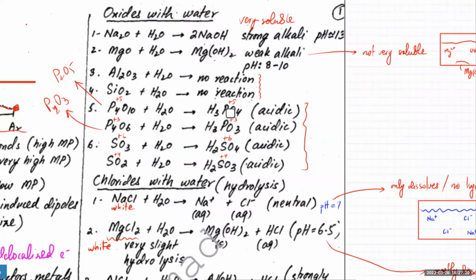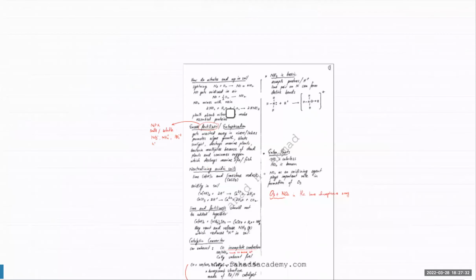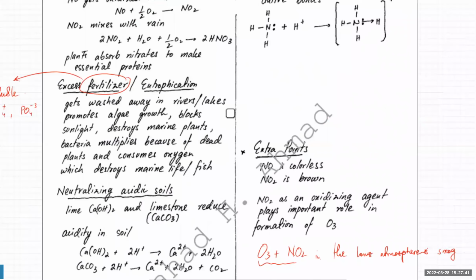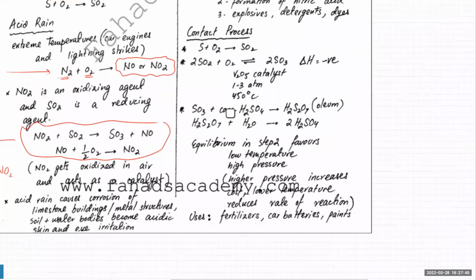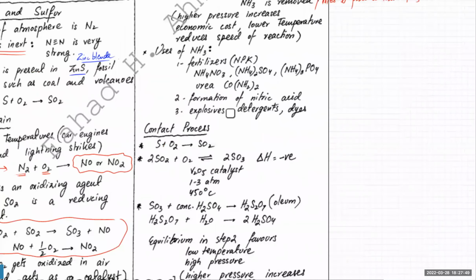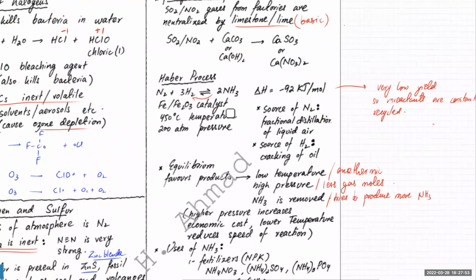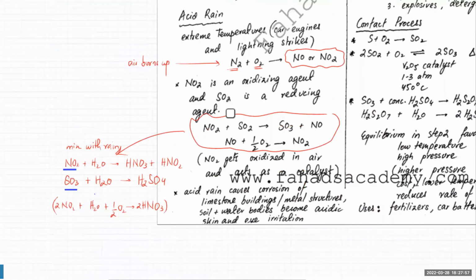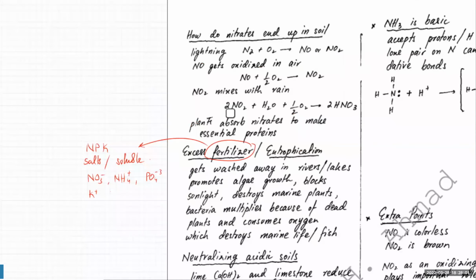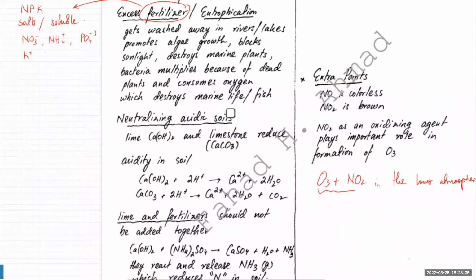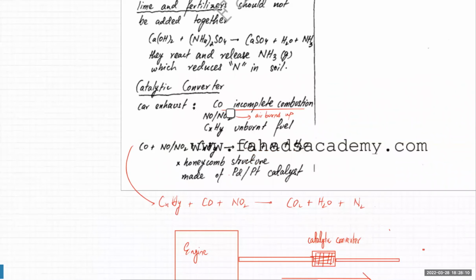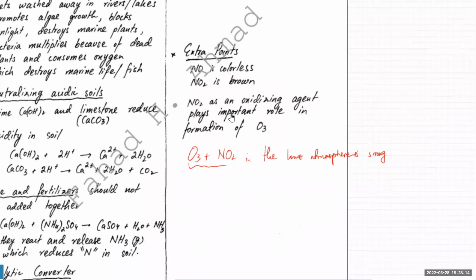If you go over there, nitrogen and sulfur is also a topic in this. Somewhere it should be written, one second, the uses of sulfur. Not sure, SO2. This is an O-levels question. If it's not written, I'll just add it. Let's write it in extra points: in O-levels you have studied that SO2 acts as a food preservative.